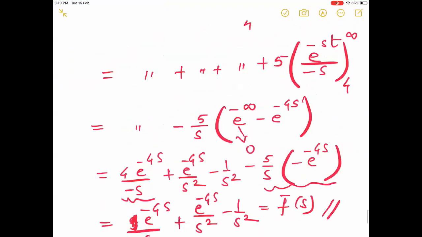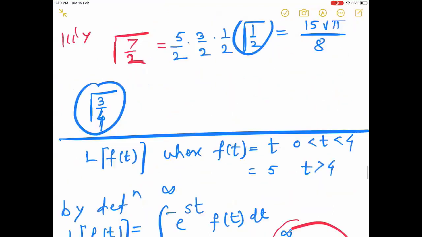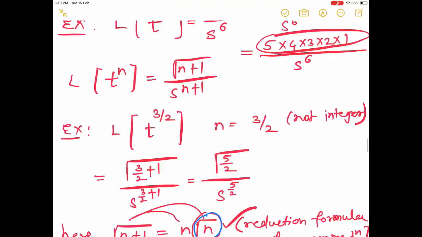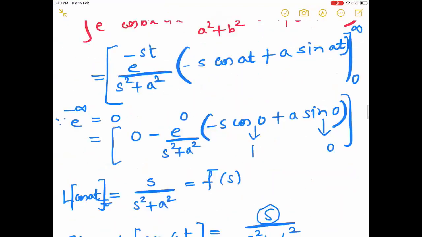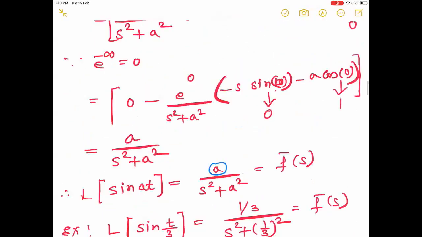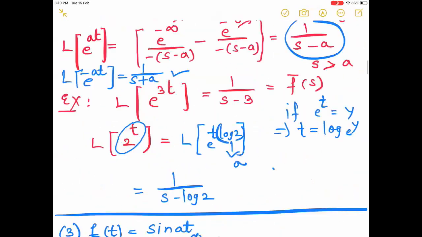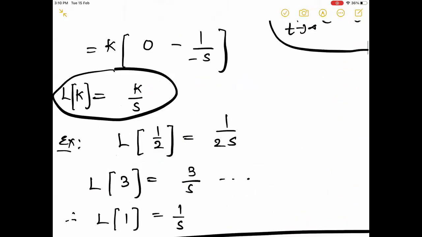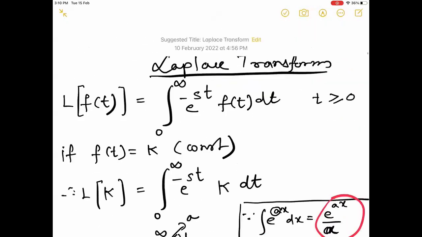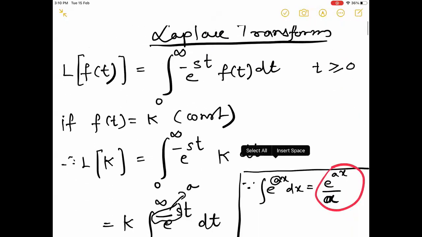Yes, so this is what we have done last week, where we transform functions and the answer is in terms of s. So basically, the Laplace transform of any function of time variable t gives you the answer as a function of s, in the new domain.